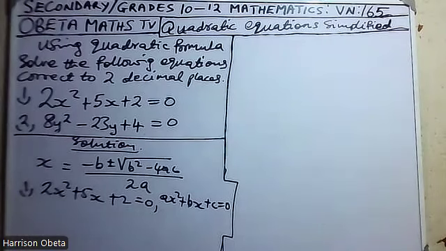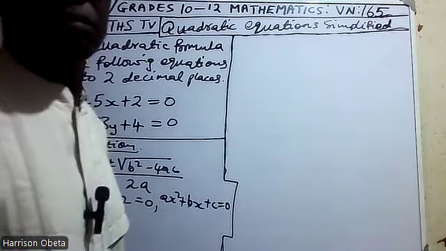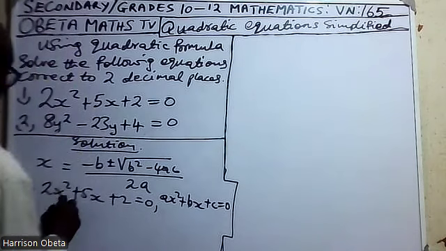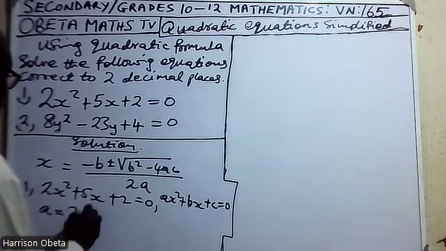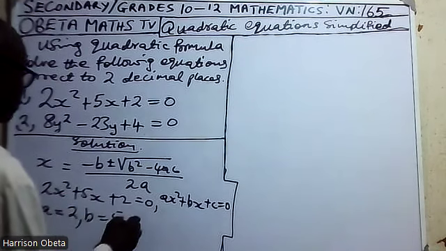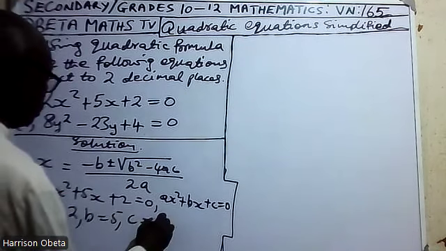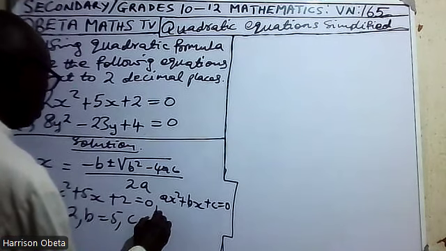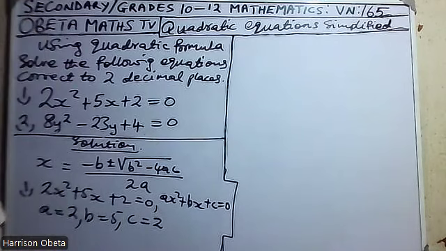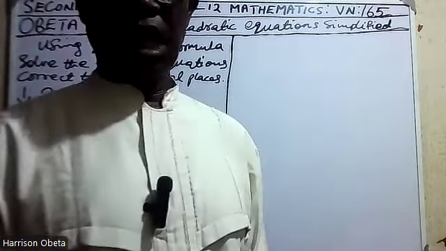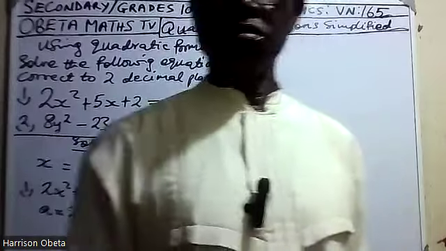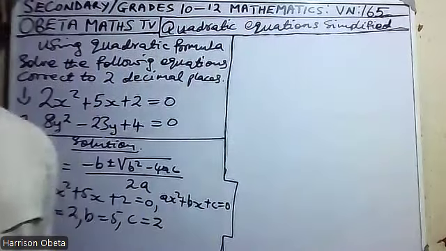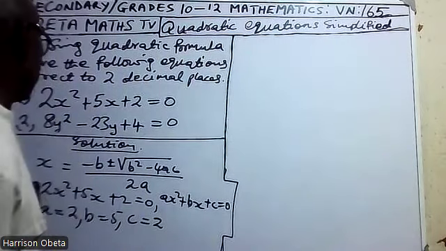So from here we have a is equal to 2, b equal to 5, and c equal to 2 also. From there we can move on and substitute the values.